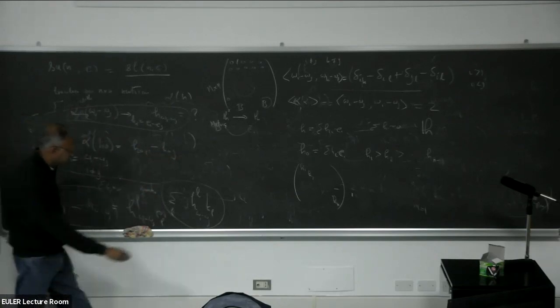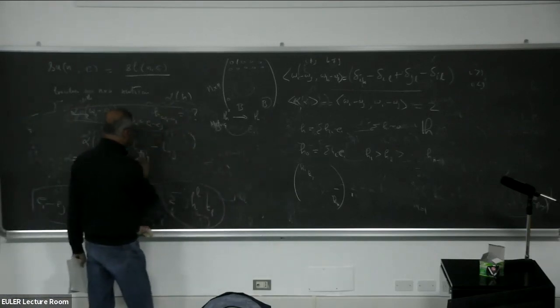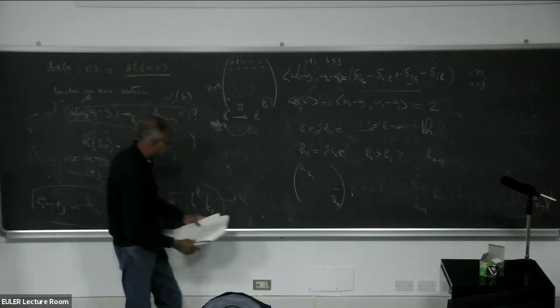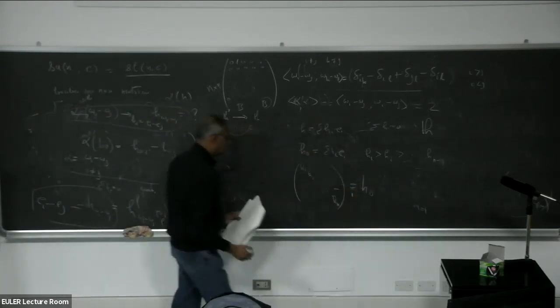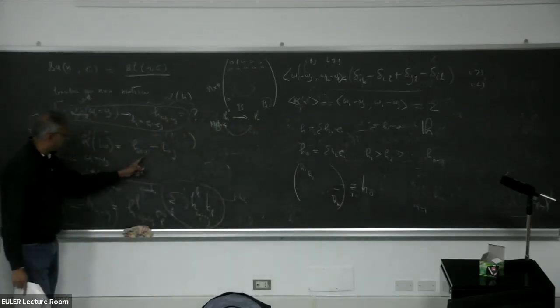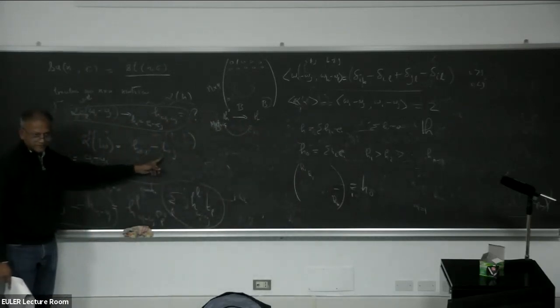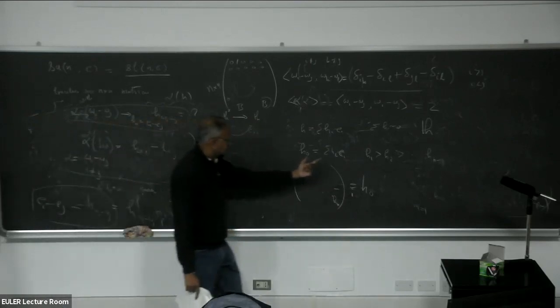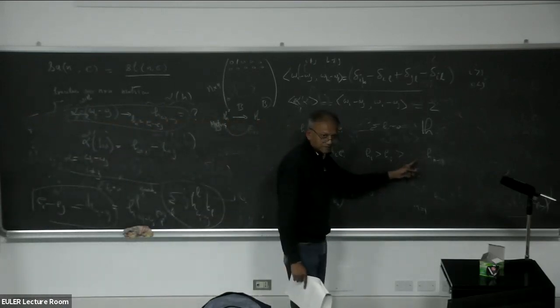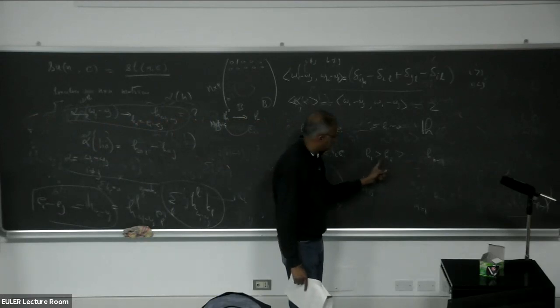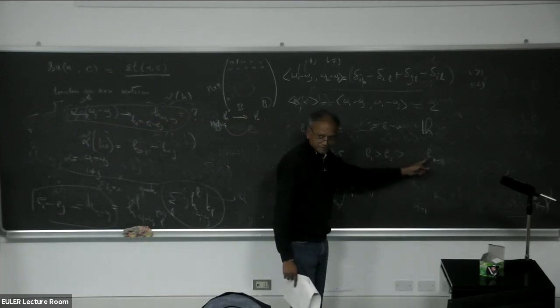So it is simply h_i minus h_j. But with this condition, it can never be 0, because none of them are equal to each other.